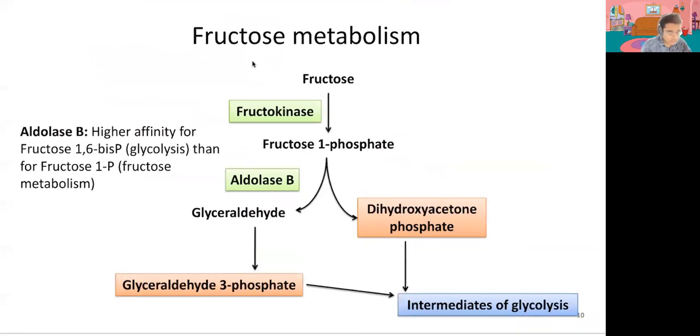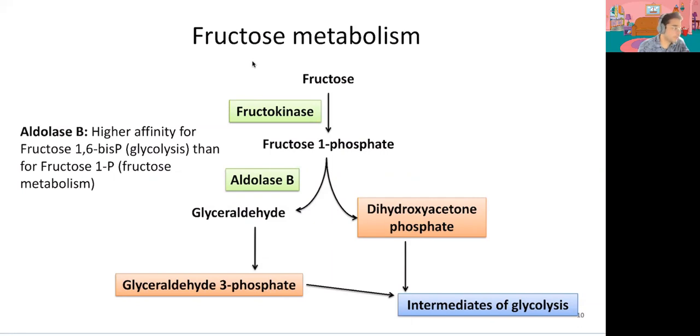The key thing to keep in mind is that fructose, just like glucose, has to be phosphorylated to bring it inside a cell. Fructokinase adds a phosphate group. Once that's done, you can go the aldolase B route. Remember, there's aldolase A and aldolase B. Aldolase B has a higher affinity for fructose 1,6-bisphosphate in glycolysis than for fructose 1-phosphate, but it still plays a role in this pathway.